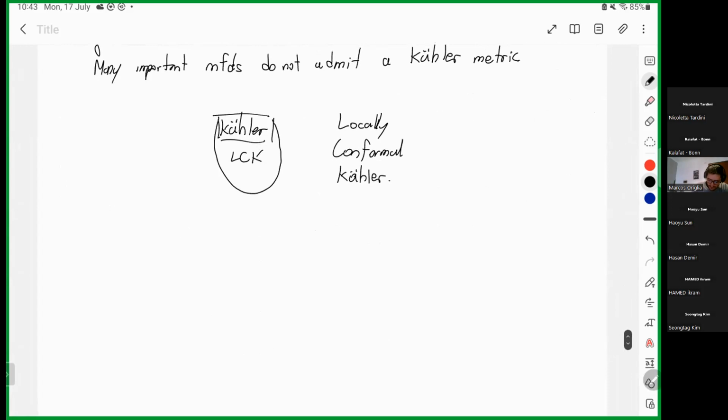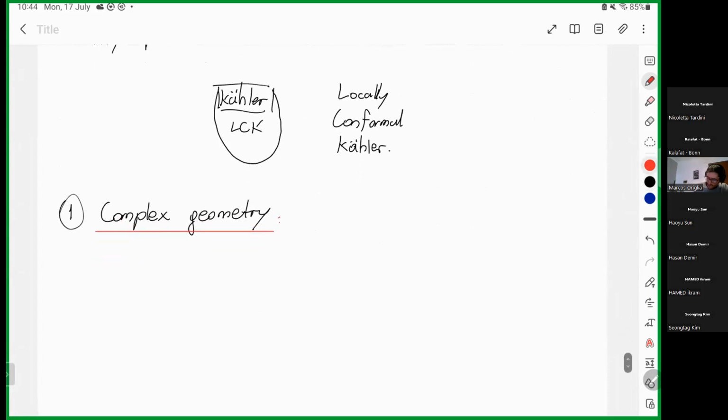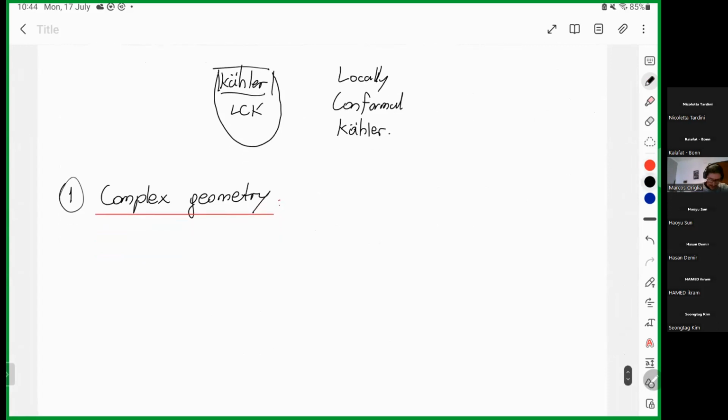So let me start with some definitions about complex geometry. Let's fix some notation. M will denote a smooth, real manifold. And let me define what an almost complex structure means on a real smooth manifold.